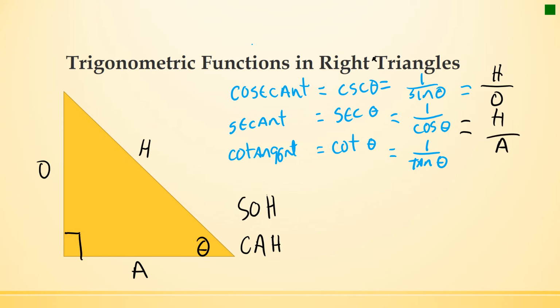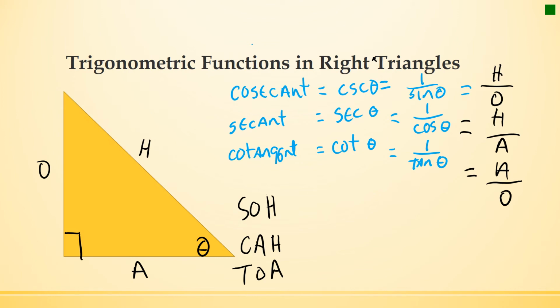And if the tangent is opposite over adjacent, SOHCAHTOA, tangent opposite over adjacent, then the cotangent is the adjacent side over the opposite side.